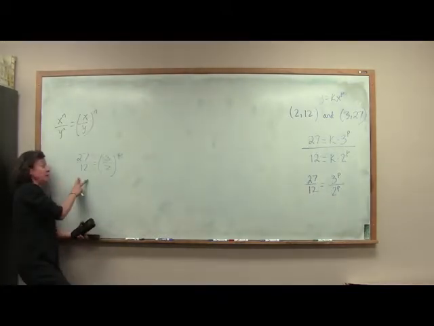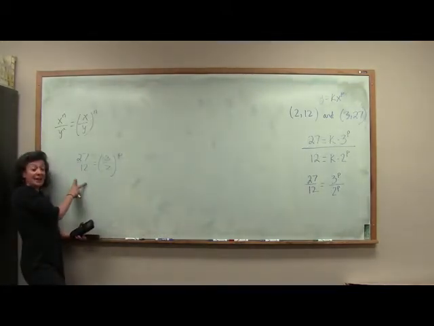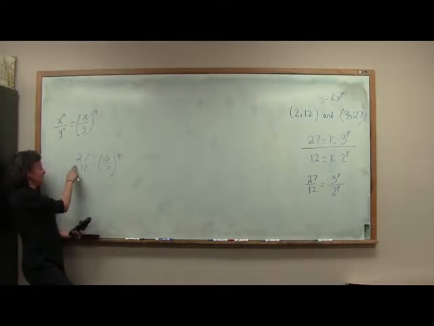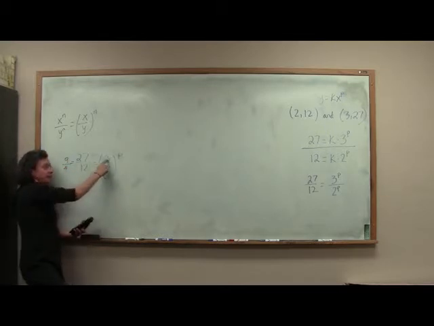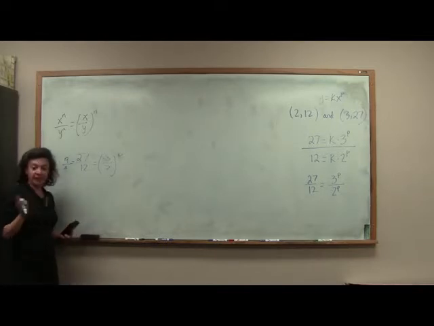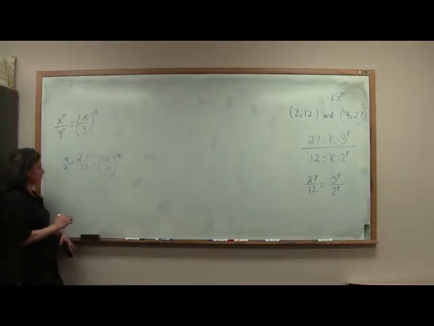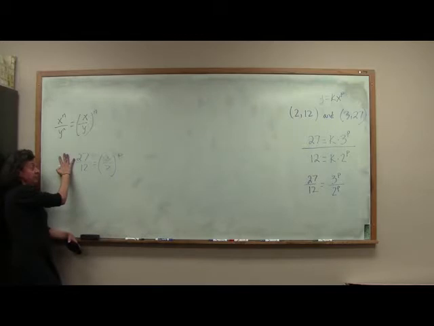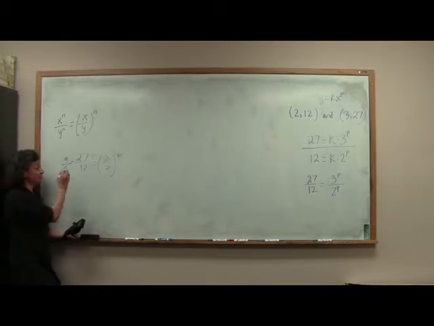Now, maybe you would be able to look at this right away and already know what the answer is, and I claim you probably can if you reduce your fractions to 9/4, right? 3 squared is 9, 2 squared is 4. But let's pretend our numbers weren't even this nice. Even if we didn't recognize that 27/12 reduces to 9/4, we would take the log of both sides.